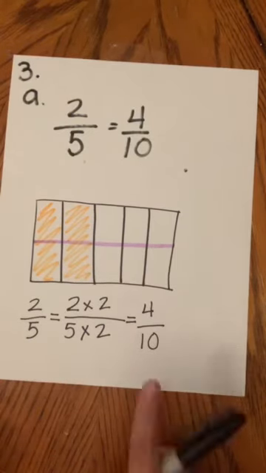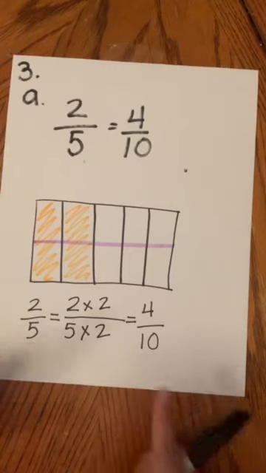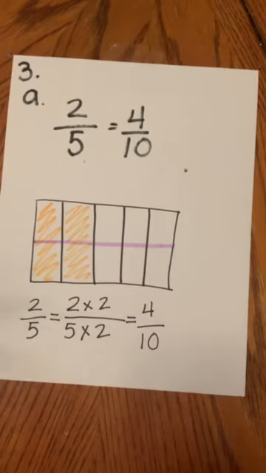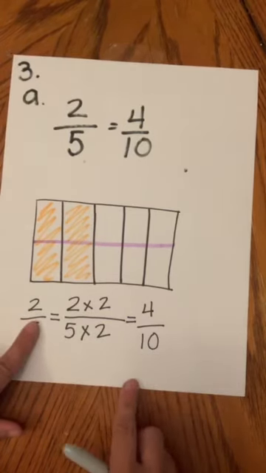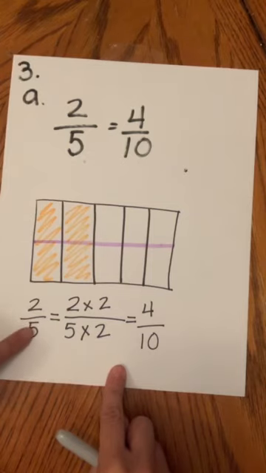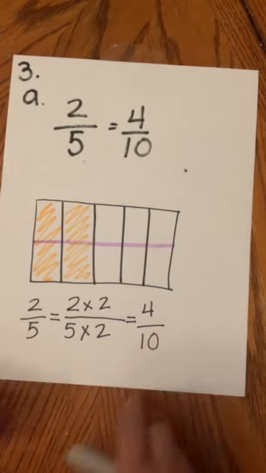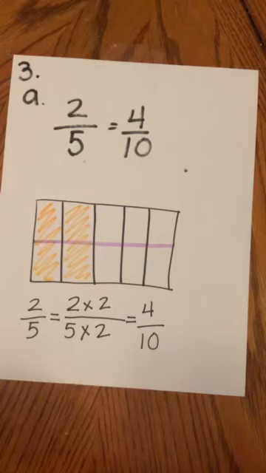Whoa, does it look like Miss Martinez followed directions? Did we all follow directions? I think we did. We decomposed 2/5 and we made 4/10, right? Go ahead and do the rest of the questions on your own. You got this, room 13.